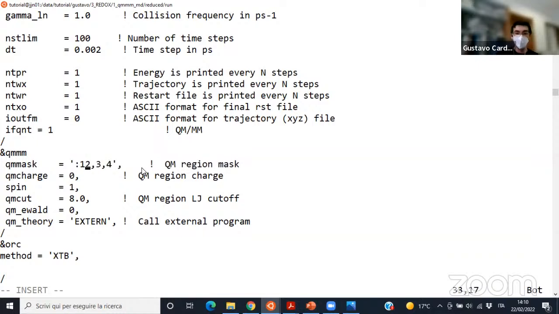And of course, this is going to include the water molecules which are labeled as residues 2, 3, and 4 in your PDB file. But of course, you need to know which molecules those are. I'm not going to call it a drawback, but once you know that, of course, you can perform the simulation.